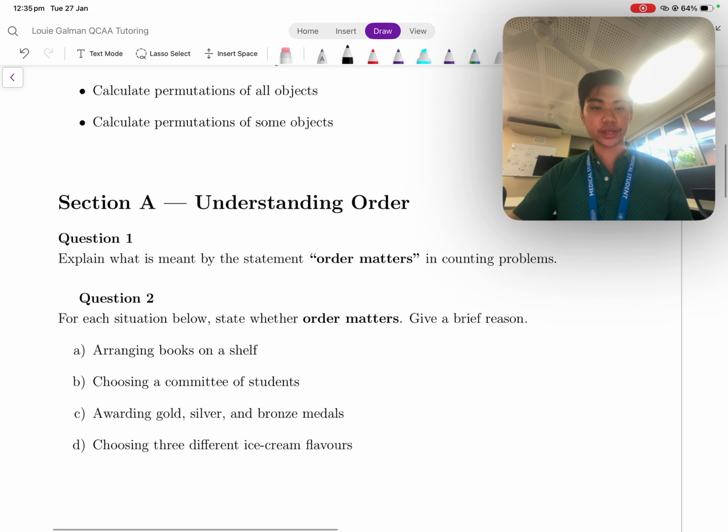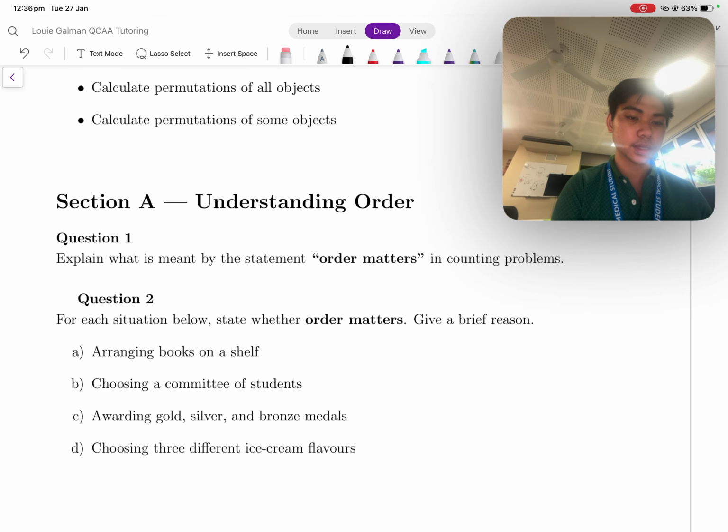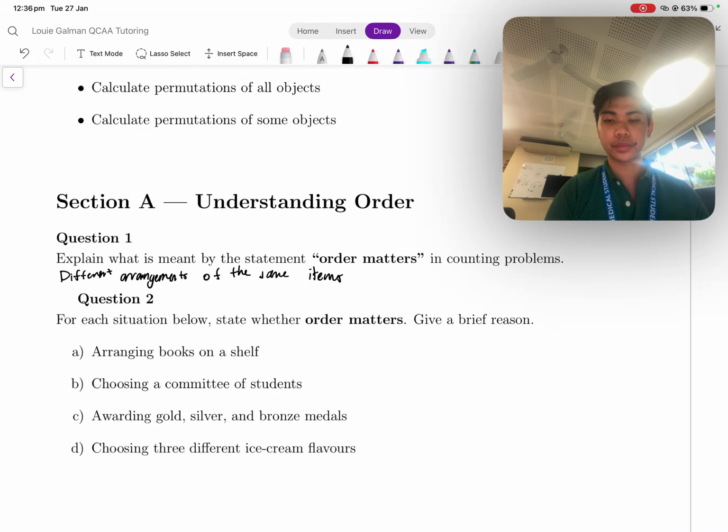Question 1 says, explain what is meant by the statement order matters in counting problems. Okay, it basically means that different arrangements of the same items are considered different outcomes.